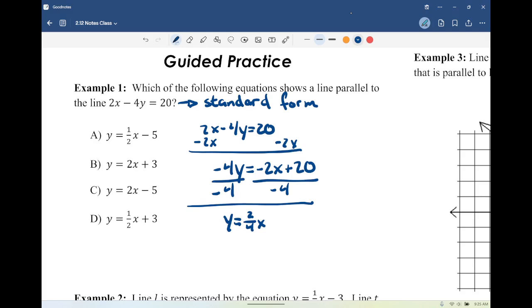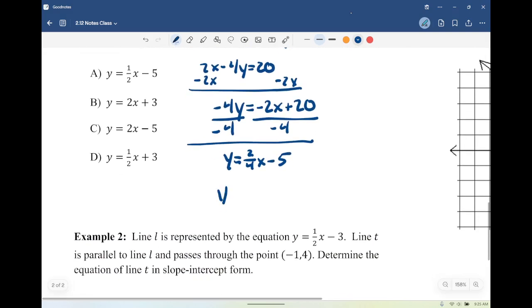Close, careful though. Positive divided by negative is a negative, so negative 5, good. Only thing I'm going to do, 2/4, well, I can reduce that. And so what should I reduce that to? 1/2.